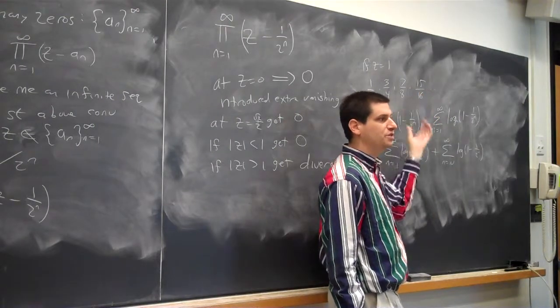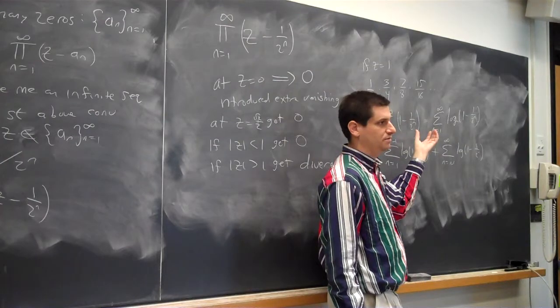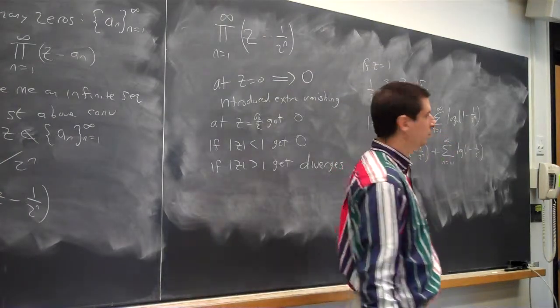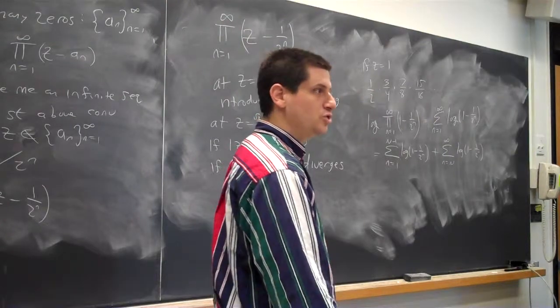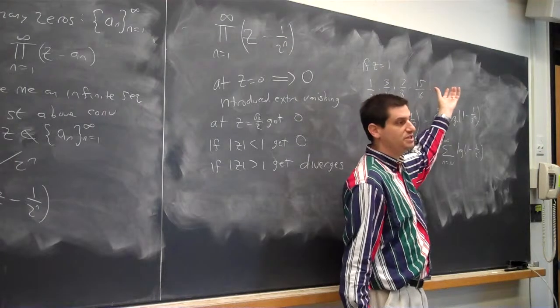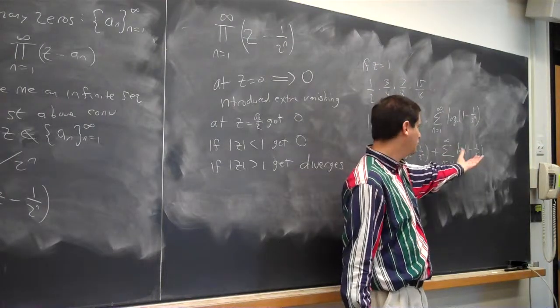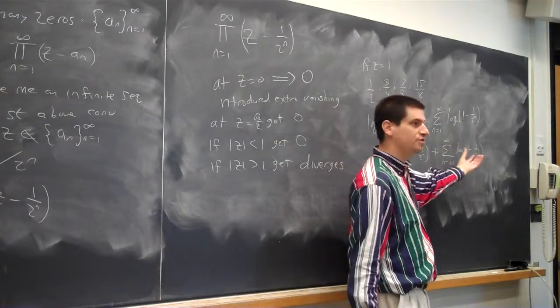If this product is 0, what is its log going to be? I'm sorry? Diverges to negative infinity. So as long as this sum is not negative infinity, the product won't be 0. So all I have to do is show that this is not going to minus infinity. Okay, all I have to do is show that this converges.